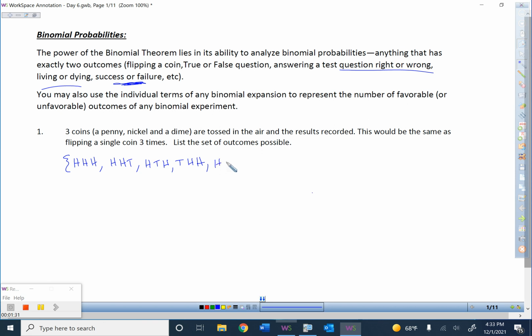It could come first, it could be in the middle, or it could be last. And then no heads looks like tails, tails, tails. So there's 8 possible outcomes. We should have known this ahead of time because heads or tails repeated for 3 flips is 8.